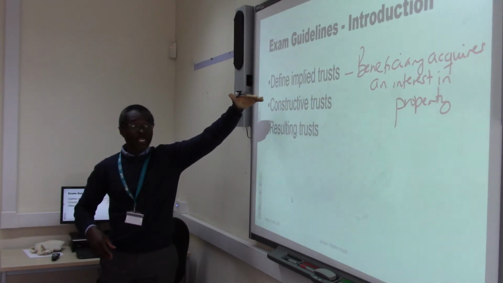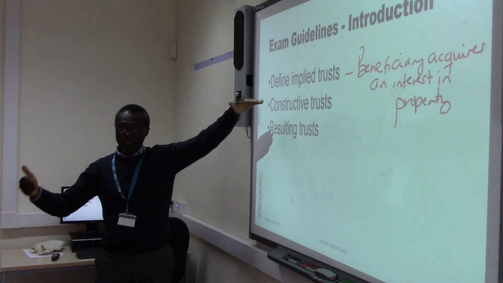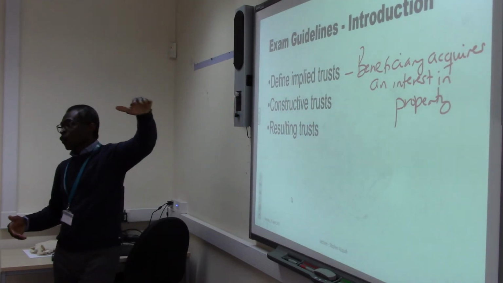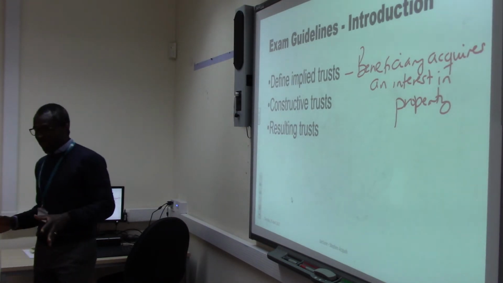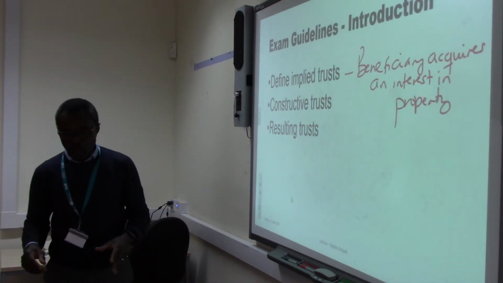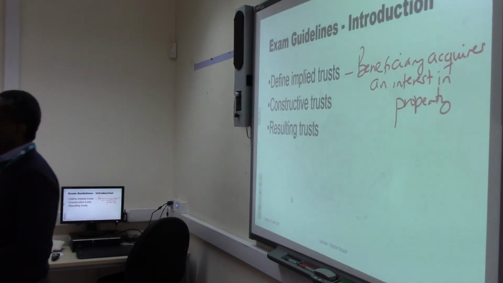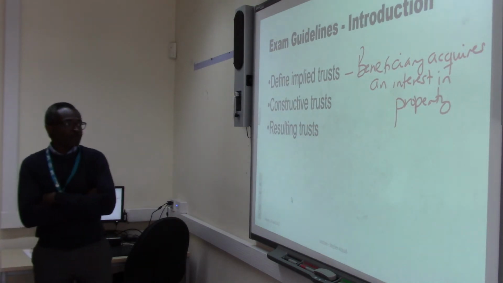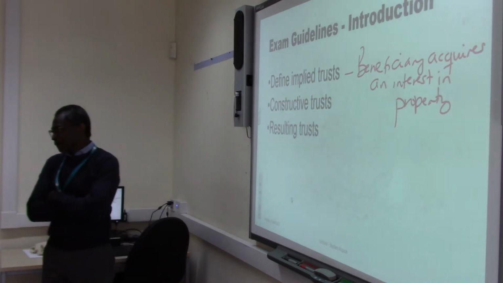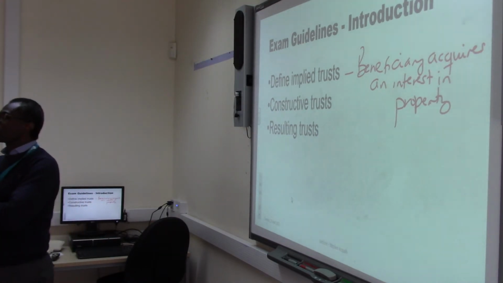Constructive trust, rather, where you make that ongoing payment, with the legal owner being aware that it's not a gift, you're not just giving it to them for any reason other than the fact that you want an interest, a part of the property. Resulting trusts, one-off payment, normally at the beginning or at the time of purchase.